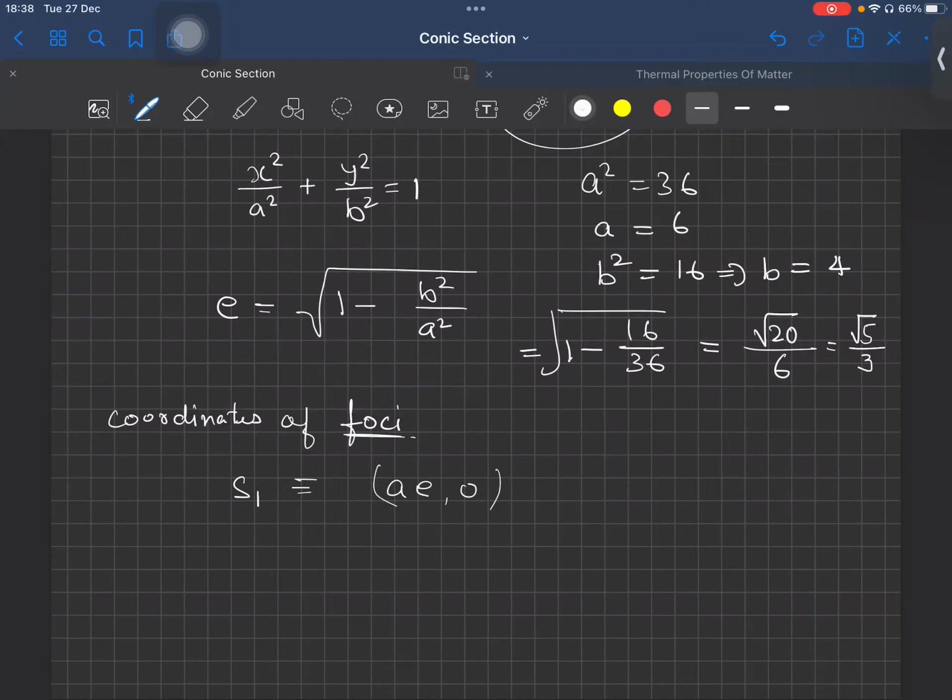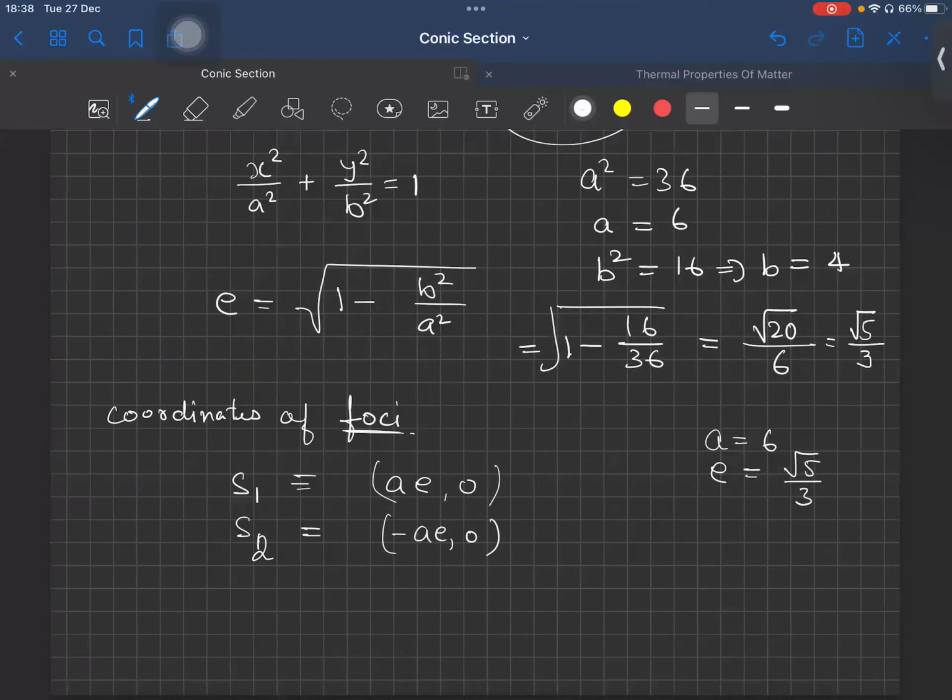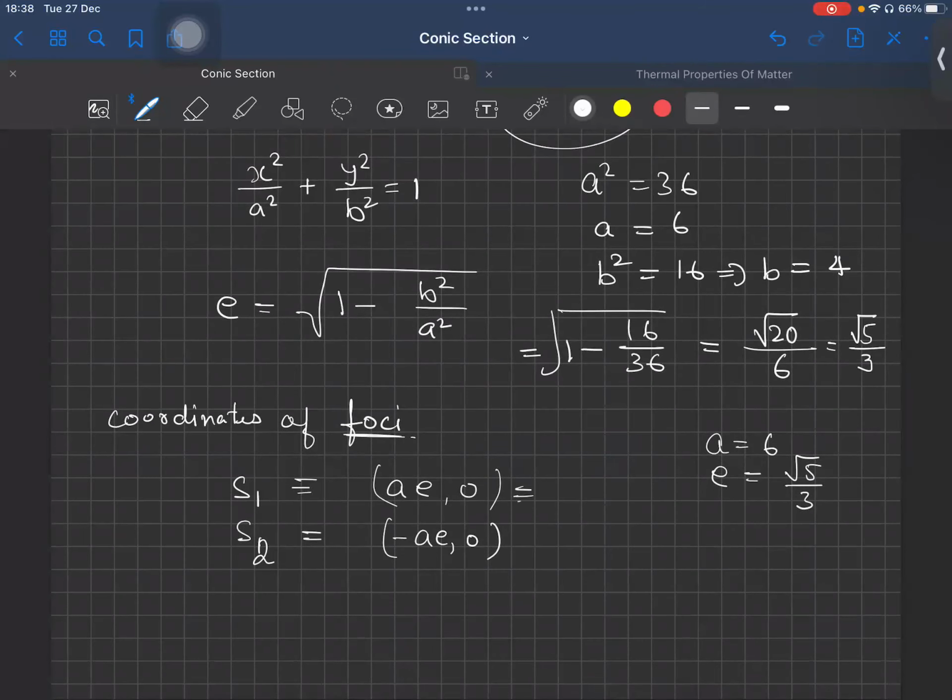A you already know, A is equal to 6. E you already know. Sir, 2 root 5 comma 0, sir. Okay. S1 and S2. S2 is what? Minus 2 root 5 comma 0. So this is your 2 root 5 comma 0, and this is your minus 2 root 5 comma 0.